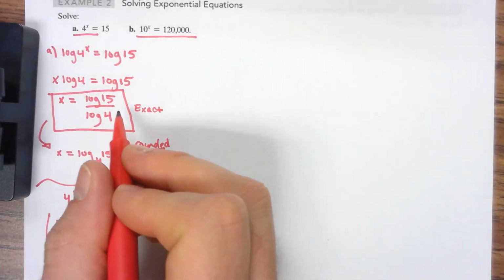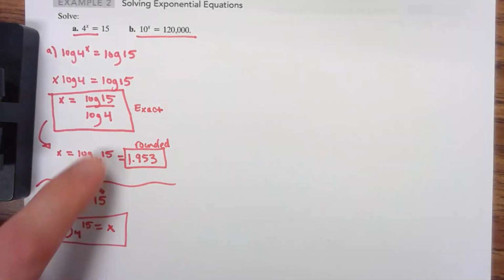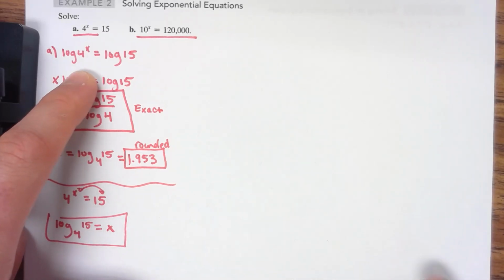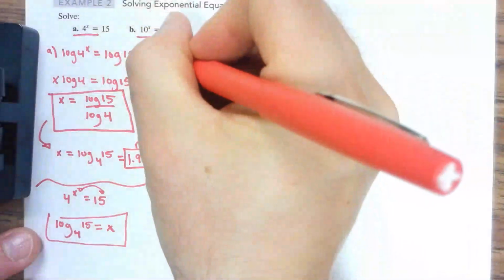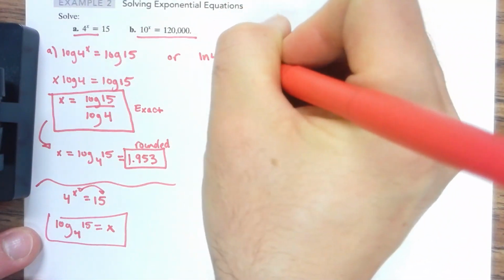Now, the last thing that I want to say here, and then we'll just solve problems and I'll quit going on these tangents, is when we go ahead and solve this problem, we can choose any base. So I could say log of 4 to the x equals log of 15, but we could also have done the natural log of both sides.